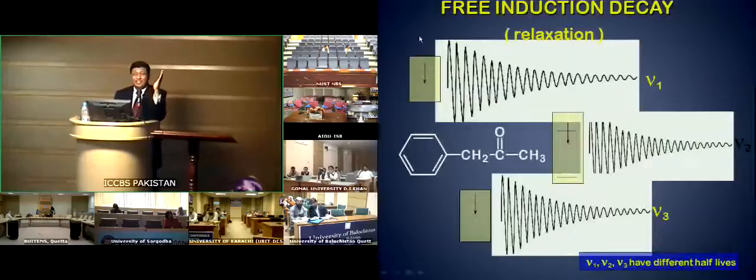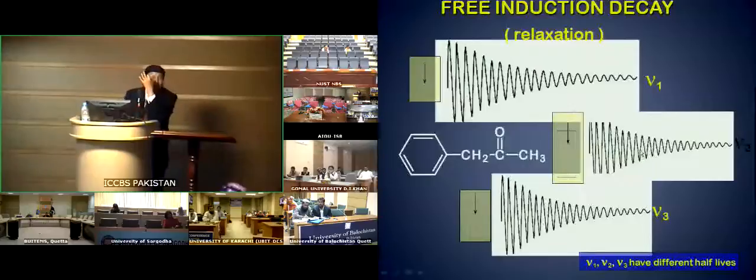Forget everything I said in the last 10 minutes because this is just too much for me and too much for all of you. Kindly remember this FID is converted into numbers by a routine called ADC, analog to digital conversion. And these numbers are then transformed into frequency by a mathematical calculation developed by two very fine mathematicians, Cooley and Tukey.